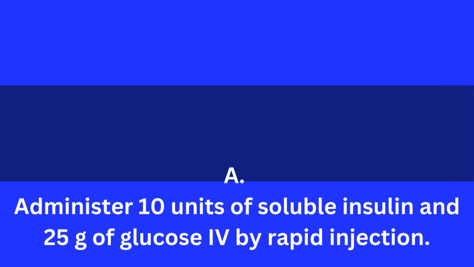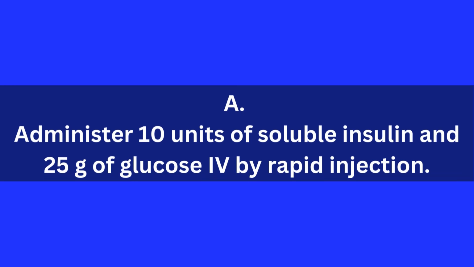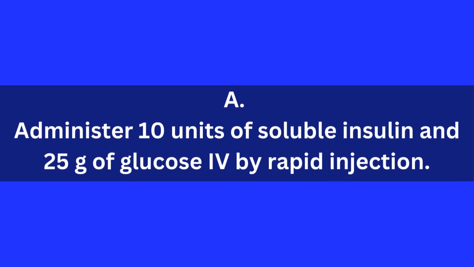Option A, administer 10 units of soluble insulin and 25 gram of glucose intravenously by rapid injection. Option A suggests giving 10 units of insulin with 25 grams of glucose. This is a common treatment for hyperkalemia because insulin helps drive potassium back into cells, lowering the serum potassium level.